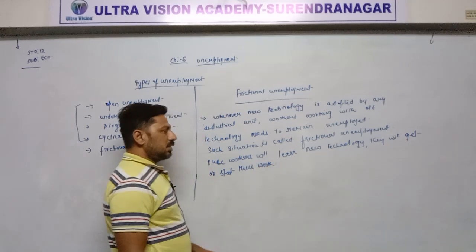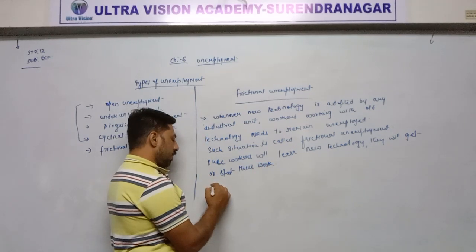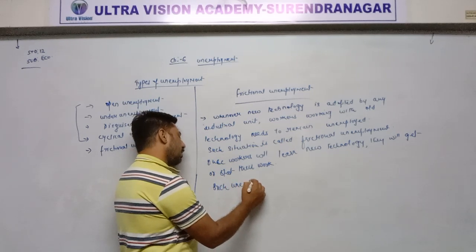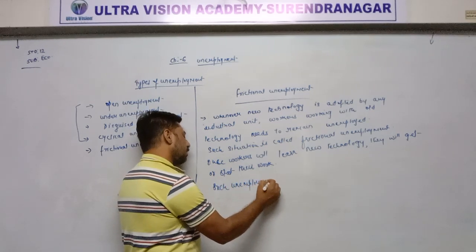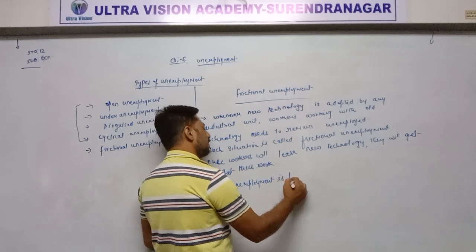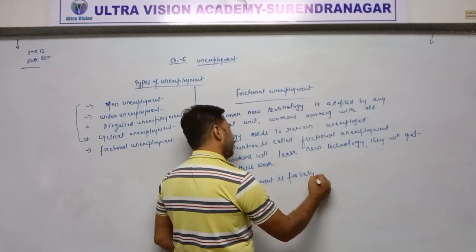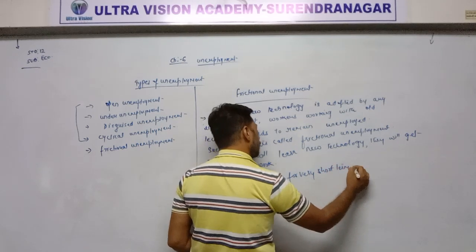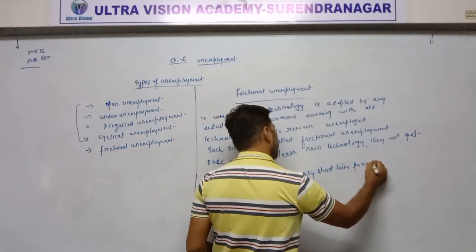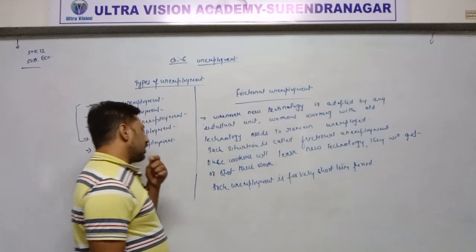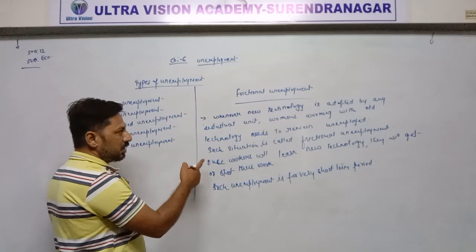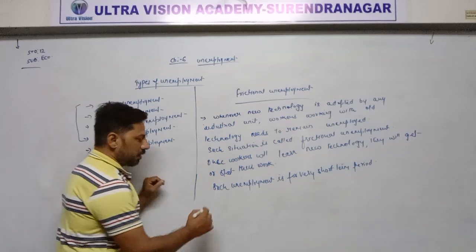It means this unemployment is for a very short term period. And technology is very high in developed countries. That's why mostly this type of unemployment is mostly seen in developed countries.